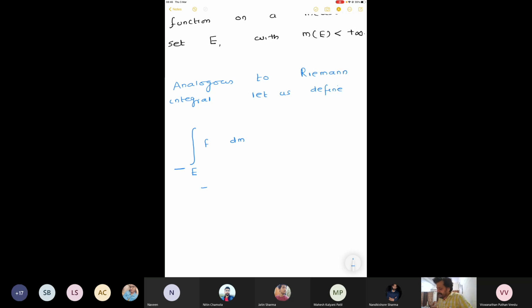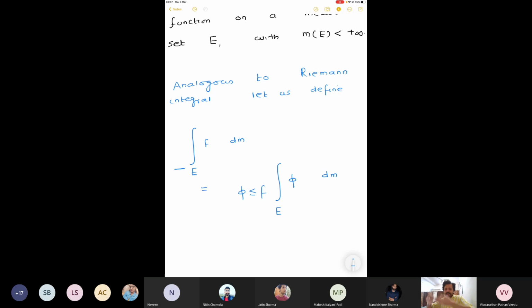How do I define it? Instead of integrating the given function, there you integrate the step function. Here I will integrate the simple function phi dm, for phi less than or equal to f.